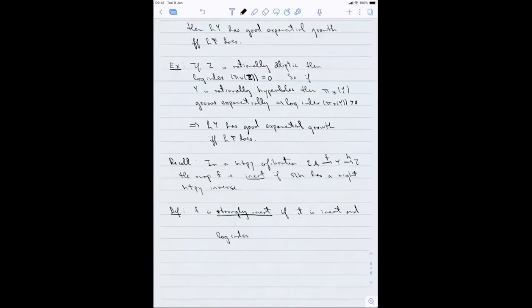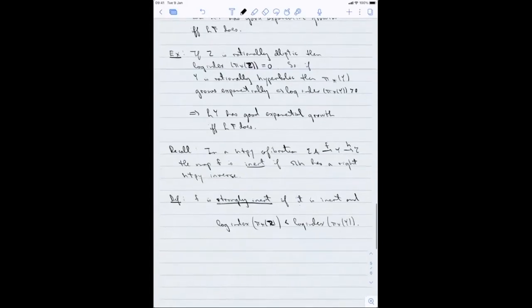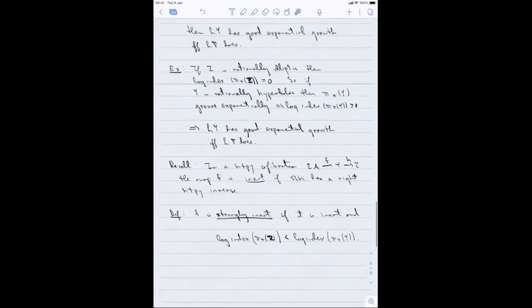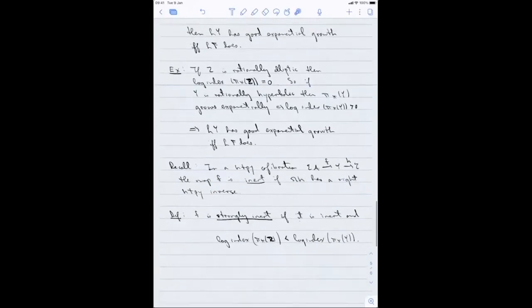So the log index of the rational homotopy groups of Z is strictly less than the log index of the rational homotopy groups of Y. Again, it's set up well to deal with the case when Z is rationally elliptic and Y is rationally hyperbolic.